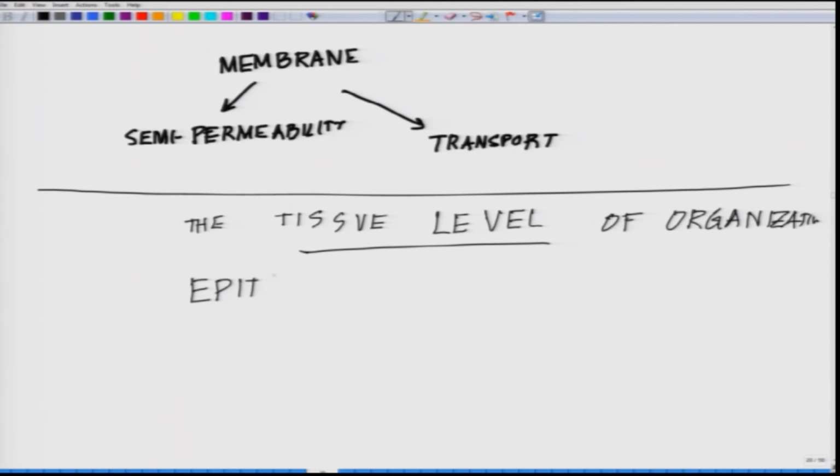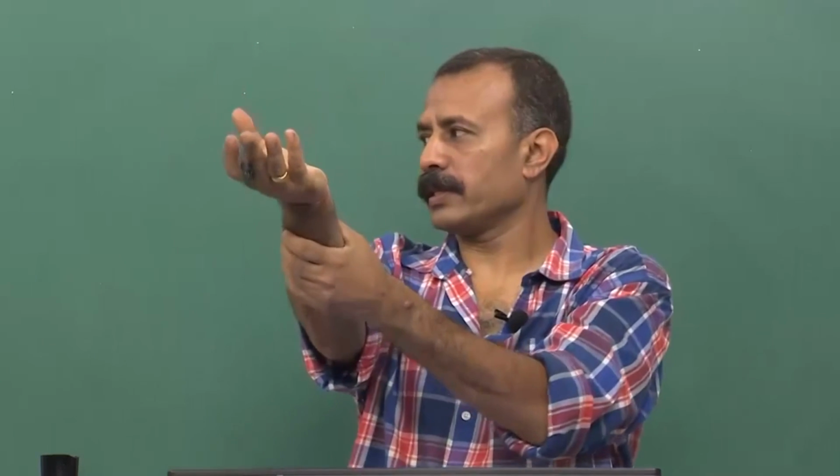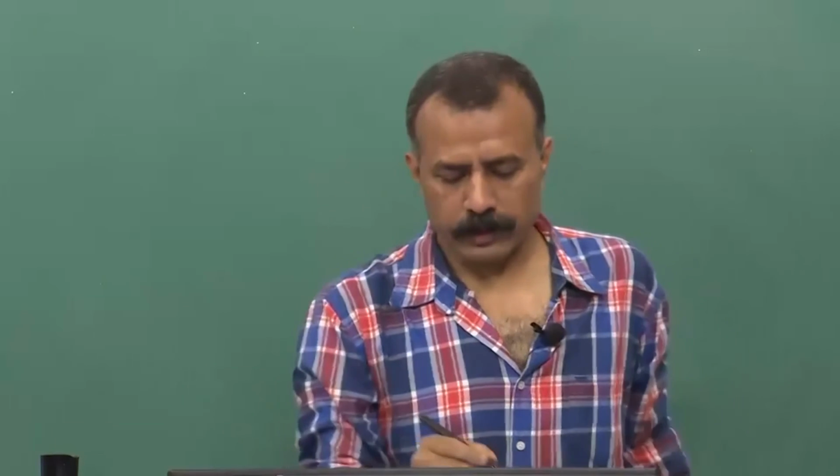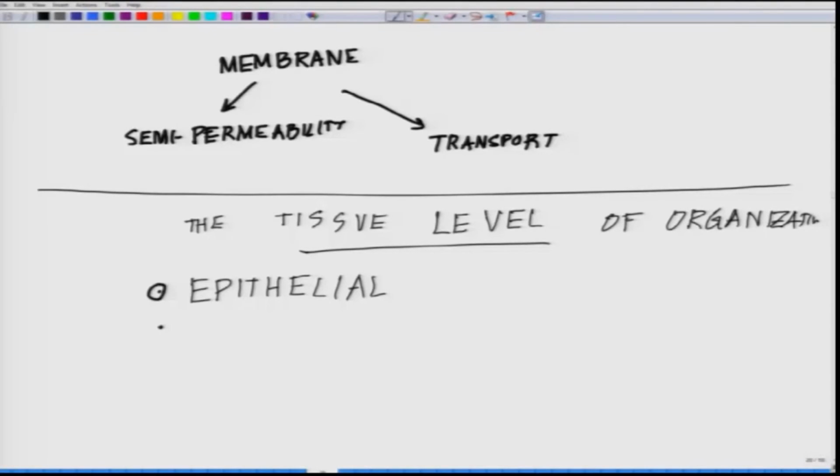The first is epithelial, which forms the cover of all the coverings. For example, all this surface, these are all epithelial cells of our body. The next one is connective tissue. We will talk a lot about connective tissues as well as epithelial cells in the sections to come.